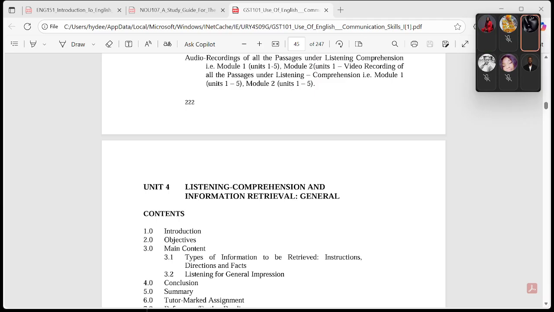Have you seen it? The first one is the one he wrote, unit four, the foundation. You said that's where answer number two is coming from.